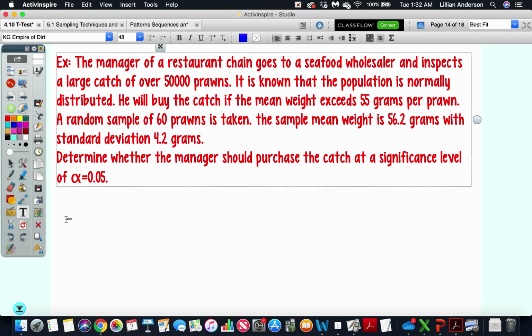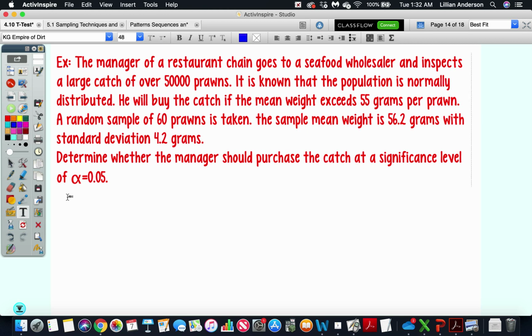So step 1, we want to make sure that we write out our null hypothesis, because depending on what the result is, we're going to make a conclusion based off of that. So our null hypothesis, as always, is going to be mu is equal to some value. Now, when we look at this particular problem, what is mu sub 0 going to represent?